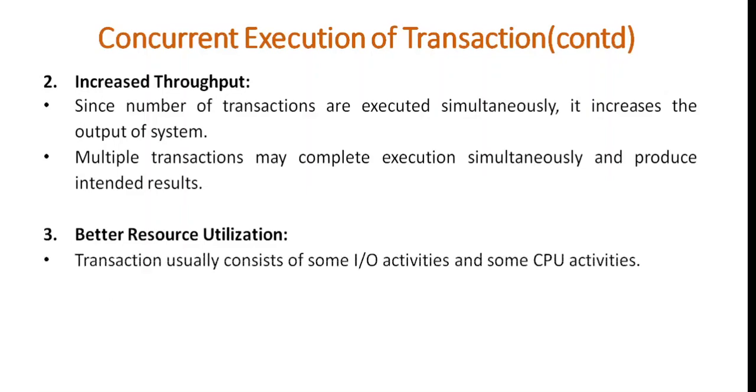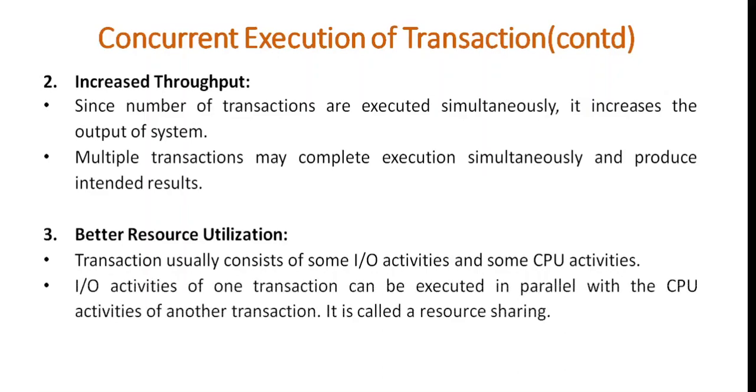Whenever any transaction runs in a system, that transaction may consist of IO activities, that is, it wants to communicate with IO devices, or it may consist of CPU activities, that is, it requires the CPU for calculations.